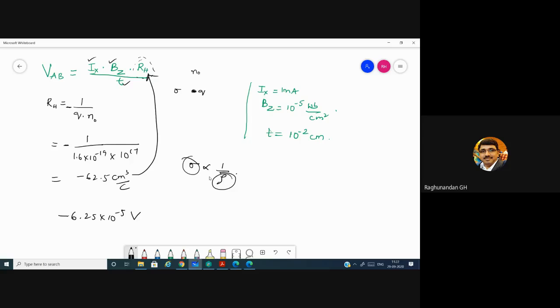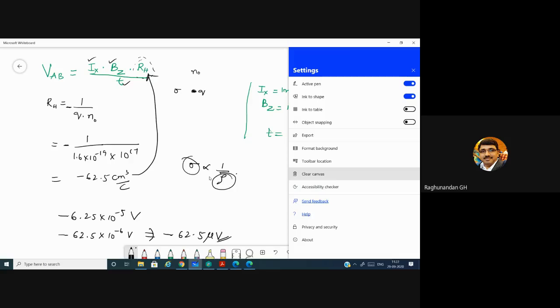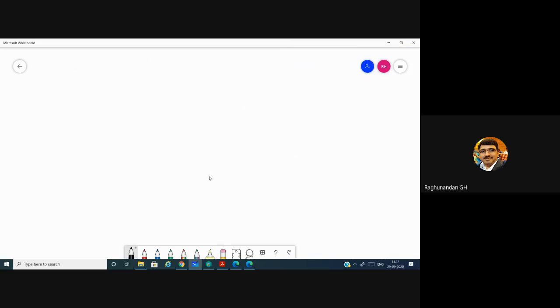So instead of writing like this, I can even write like this: 62.5 into 10 to the power of minus 6 volt. This can also be written as minus 62.5 micro volts, since 10 to the power of minus 6 is micro. Like this we can do. So this is one kind of problem you may get.